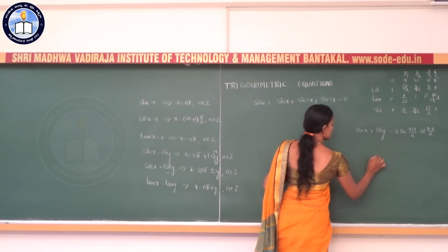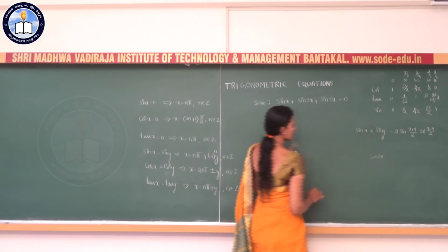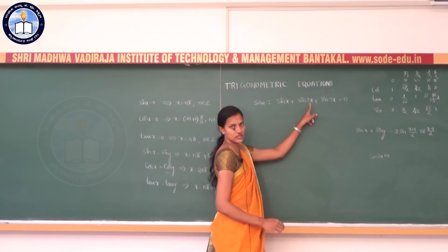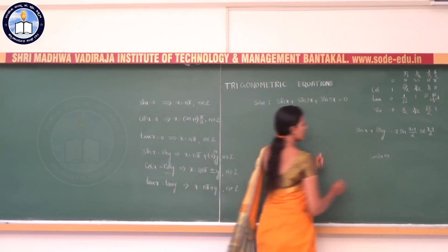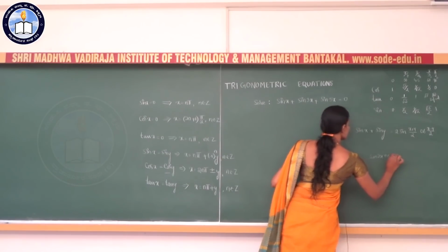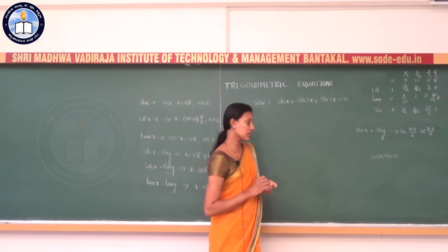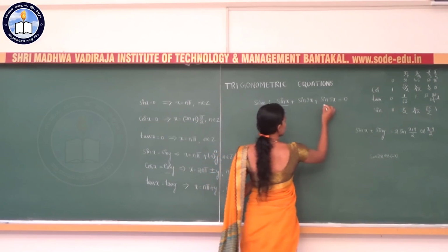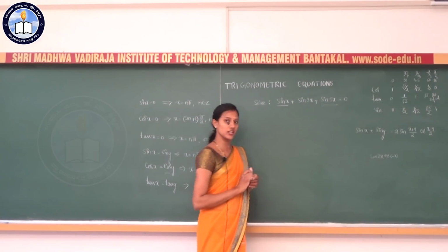So there will be sin 2x, and another factor is cos of x minus 3x, which is minus 2x, divided by 2. So we will be having minus x. Instead of that, let me combine first and third terms.